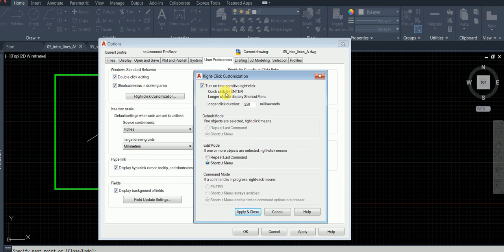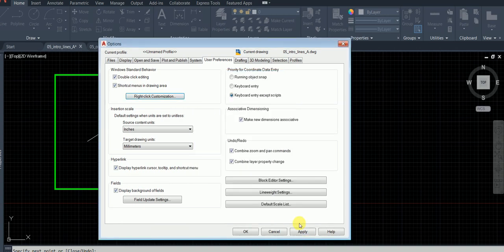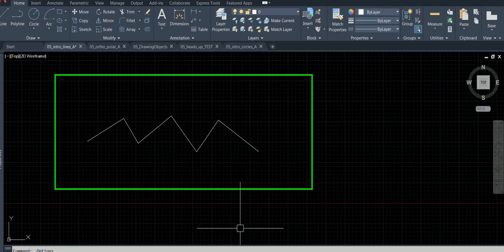I will send you this recording, so you will see it clearly and slowly. Apply. Okay, is this clear?